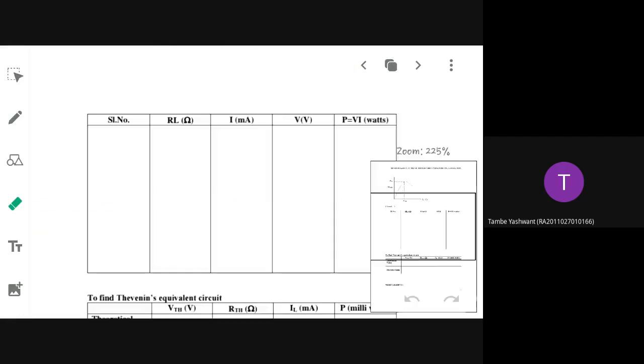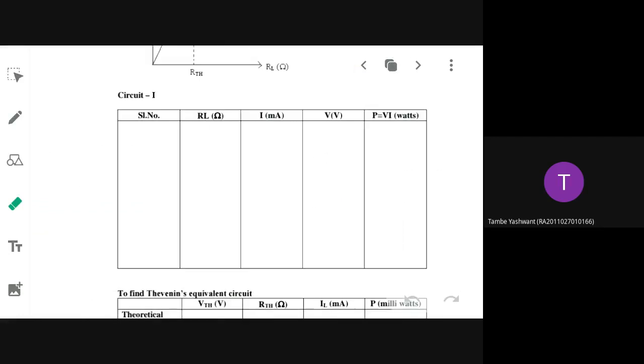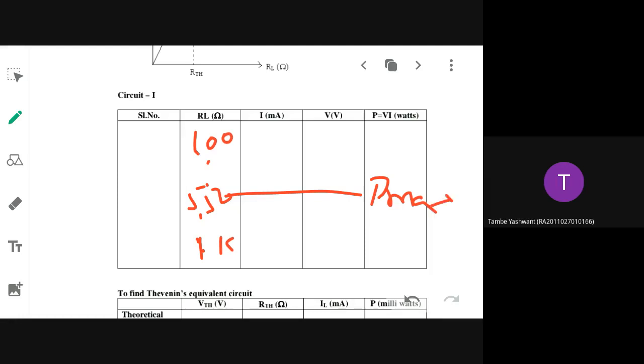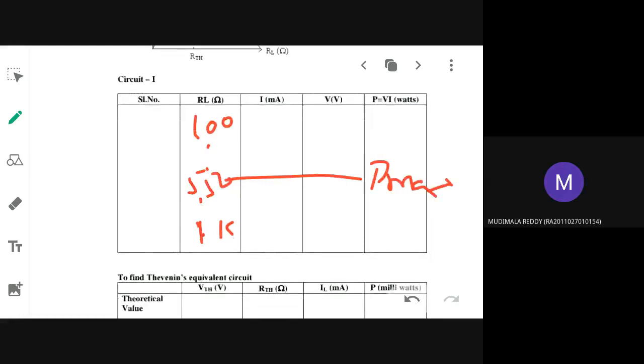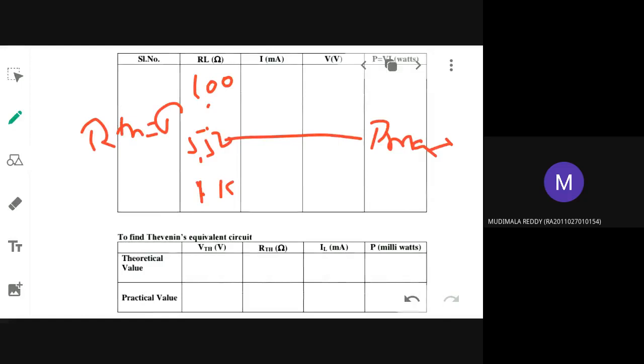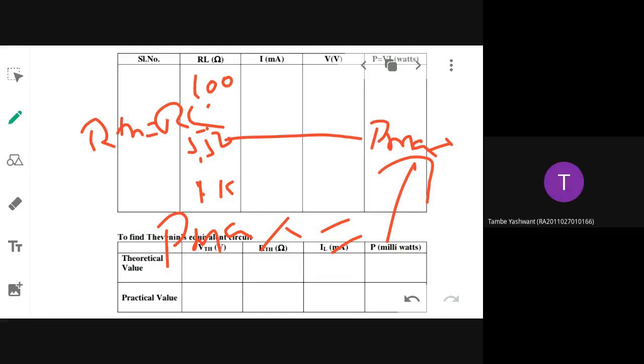Suppose you vary from 1K, around 550 or so, you will get maximum power, whenever R Thevenin becomes equal to RL. So the calculated P max should also be approximately equal to the tabulated P max. Understood? Yes, ma'am. That's all.